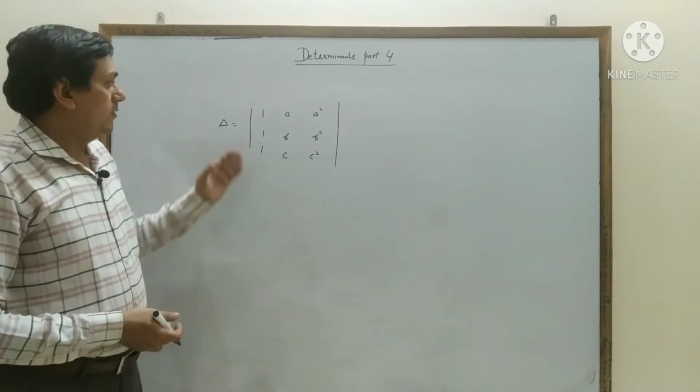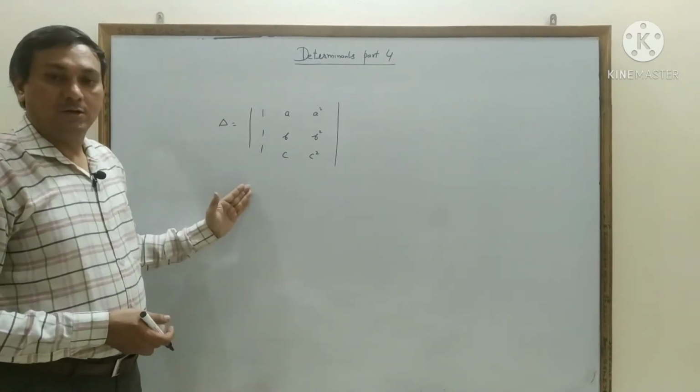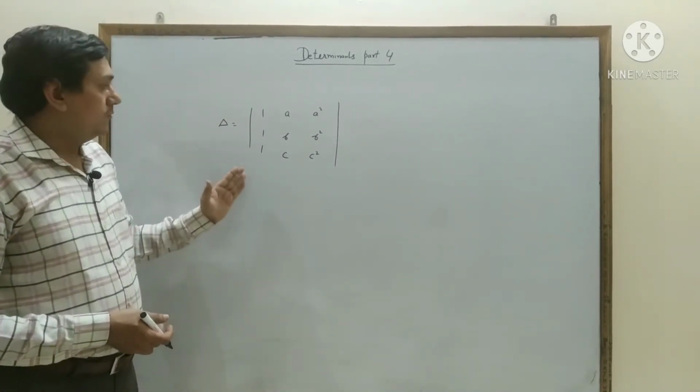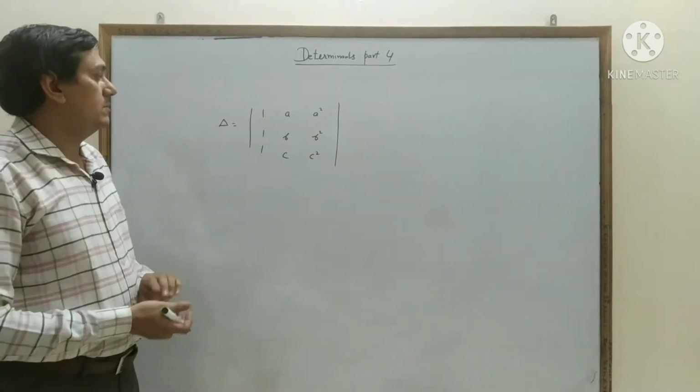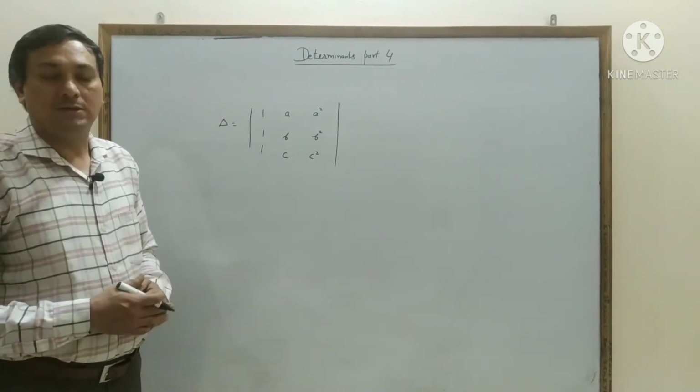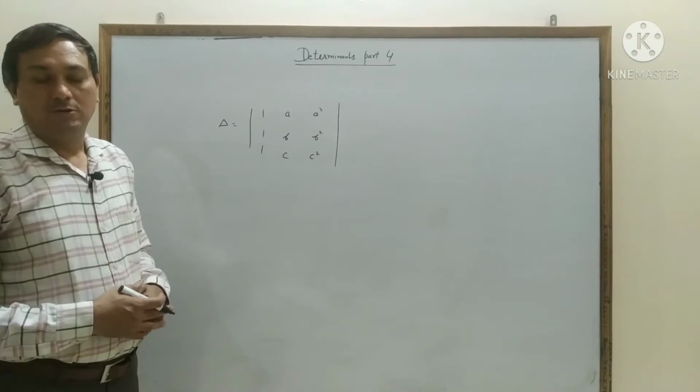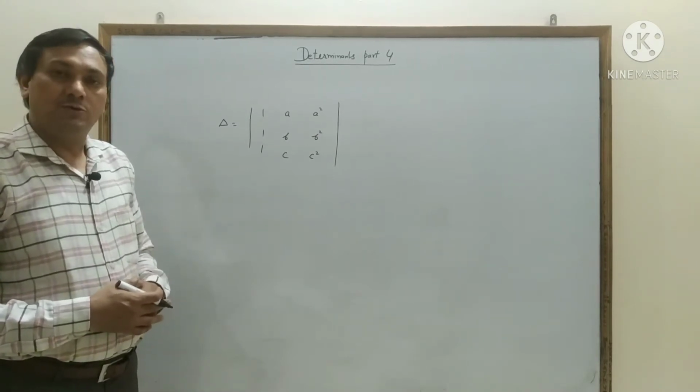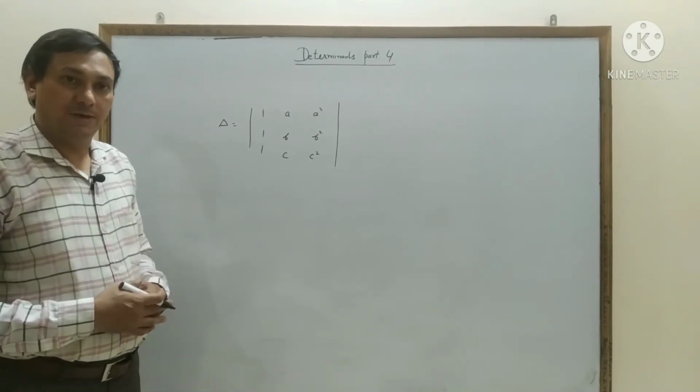We have 1 1 1 in a row. When we are having triple one in a row or a column, this is the ideal condition to make use of the properties of the determinant.